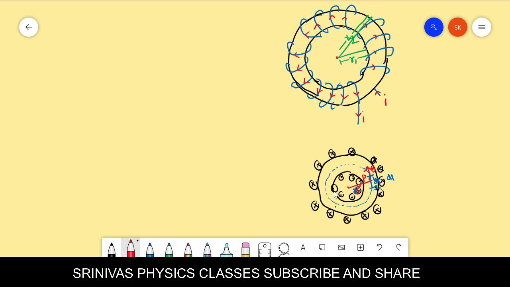Smaller R1 is what here in the figure? R1 is the inner radius of the toroid. Toroid means, if the solenoid is bent like a circle, then that is called a toroid. Outer radius of toroid is R2.